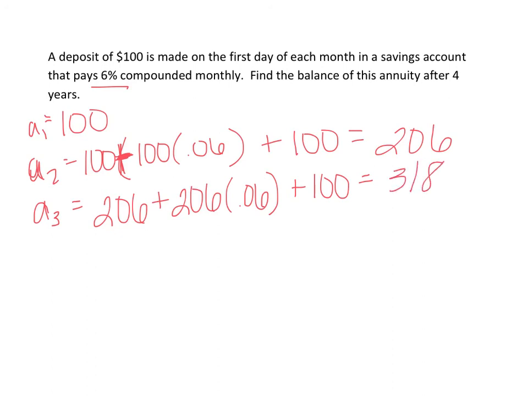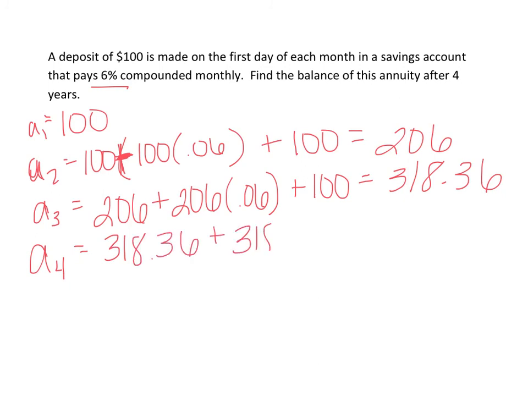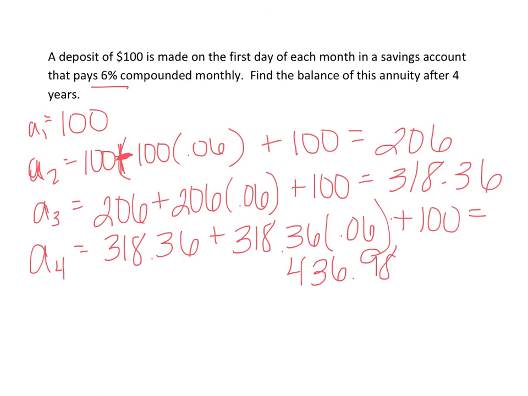Now I have 318.36, and one more time. 318.36 plus 6% of that, plus another $100. Now I've got $436.98.